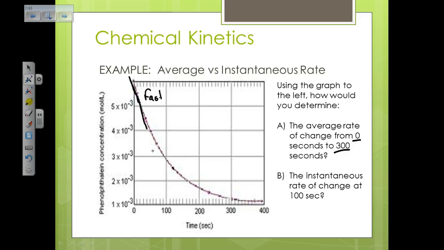And here it's going a little slower, but it's still going pretty well. Here, this is going really slow, and so the instantaneous rate changes throughout the reaction, while the average rate does not change. The average rate is not going to change because that is measuring the average over the time.